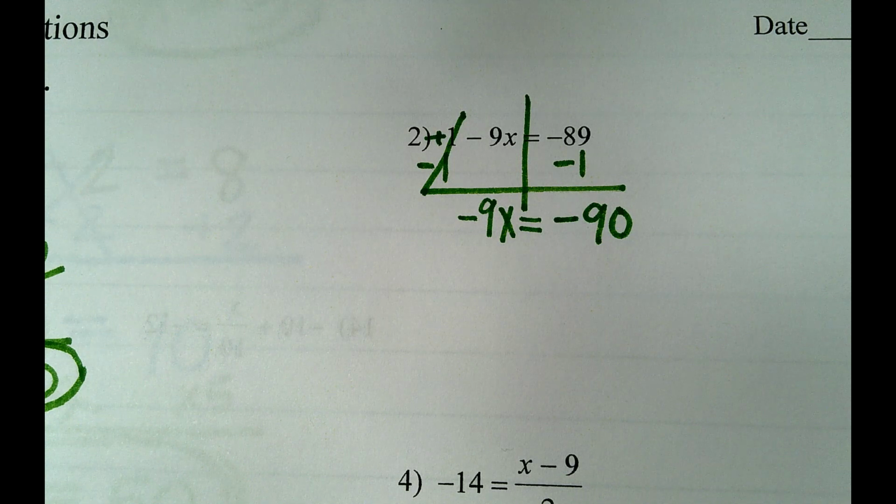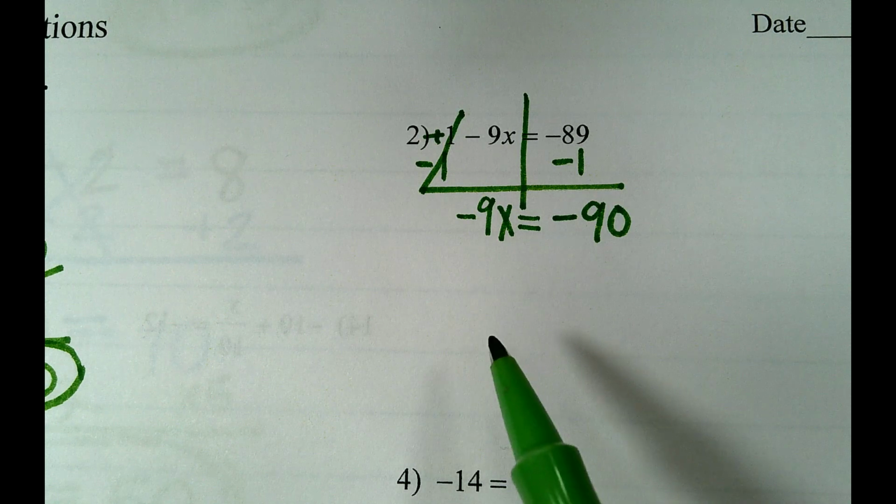Now I have -9x, or -9 times x, equals -90. What would we do here? You divide.